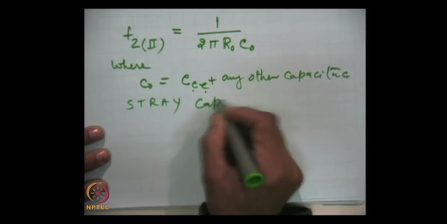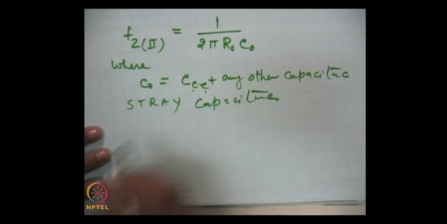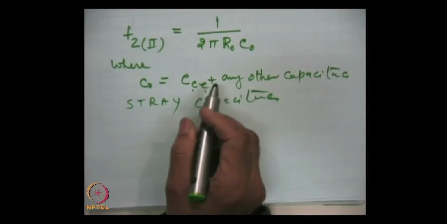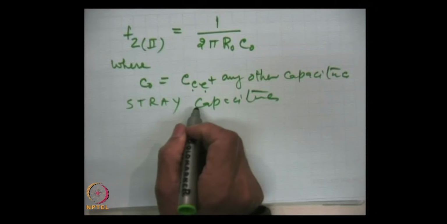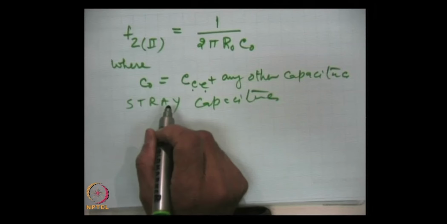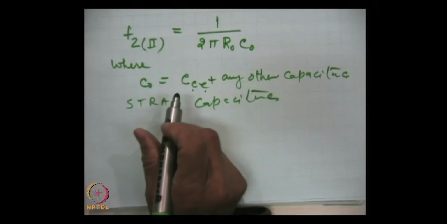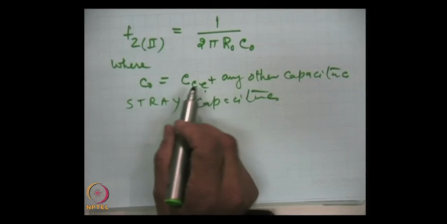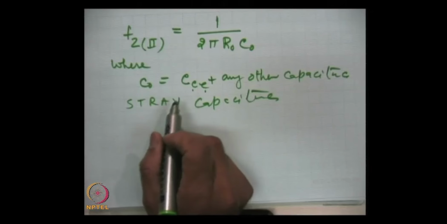At low frequencies their magnitudes are negligibly small and we never talk about these capacitances. So, self capacitances of leads and stray capacitances acquire significant magnitude and they start influencing the high frequency performance.